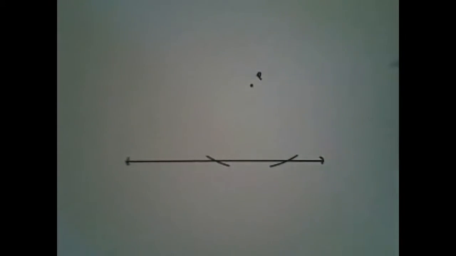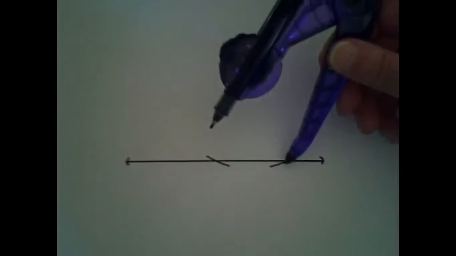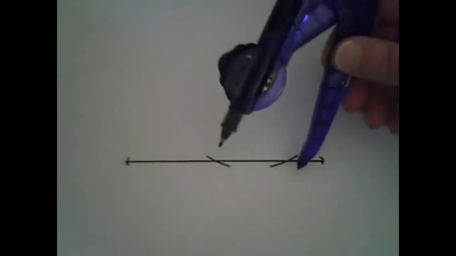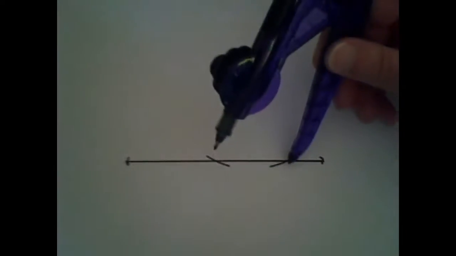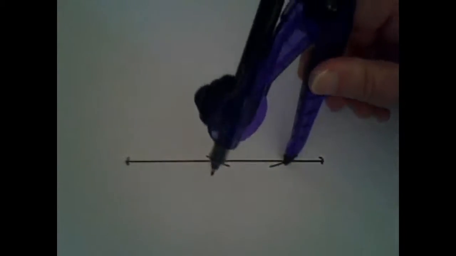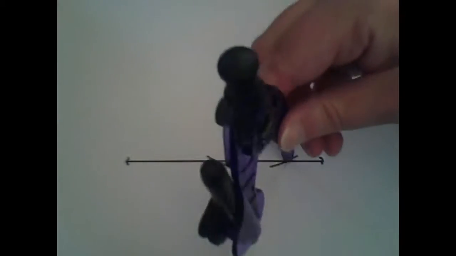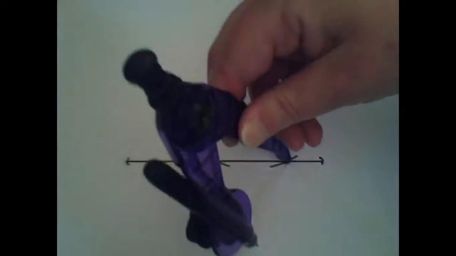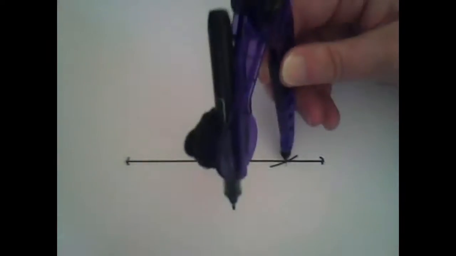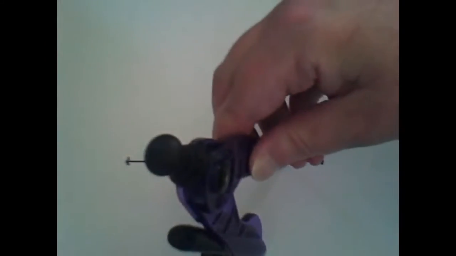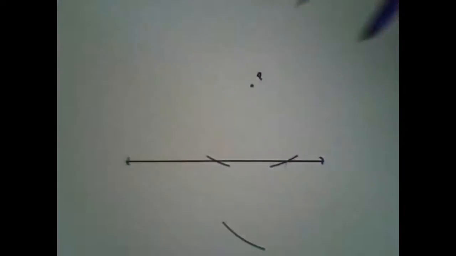Now I'm going to take my compass, and because I have two more points that I have indicated with these intersections, I can put my point on each of those intersections, and I'm going to make an arc. If I do that, you're not going to be able to see it. Maybe you can. Actually, I would not have to have the compass at the same setting. I could shorten it if I wanted to, but I think you're going to be able to see that.